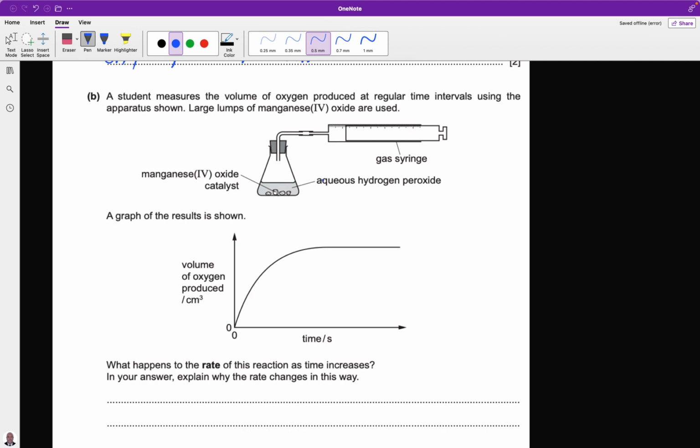Now, a graph of the result is shown below. The volume of oxygen being produced was plotted against the time taken. What happened to the rate of this reaction as time increases? In your answer, explain why the rate changes in this way.